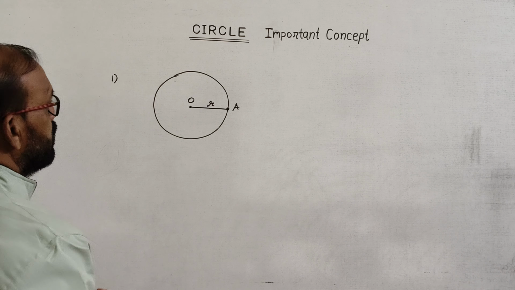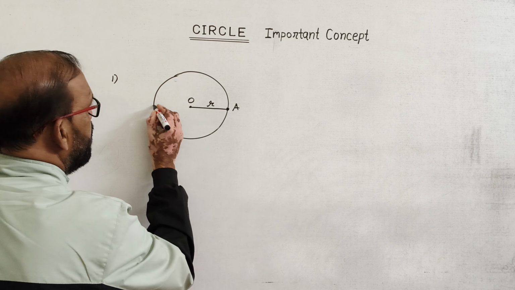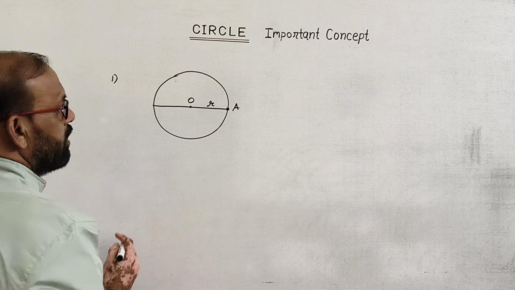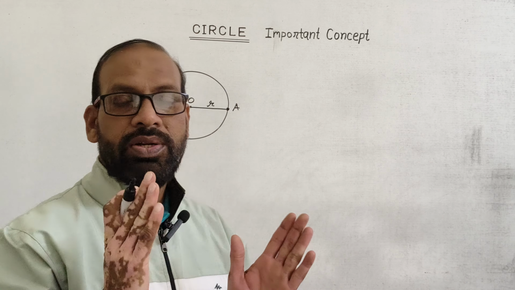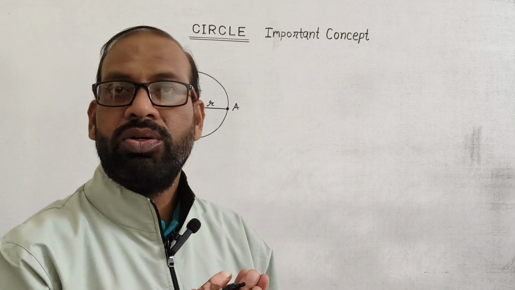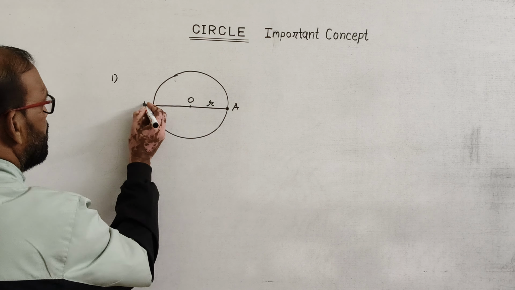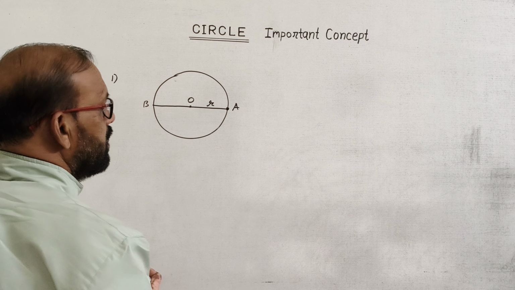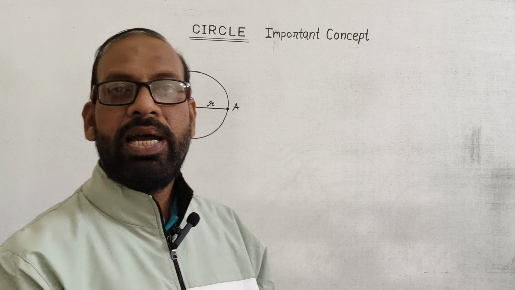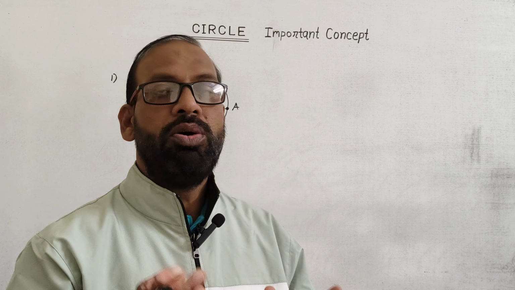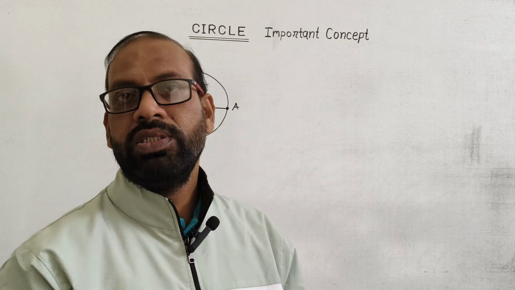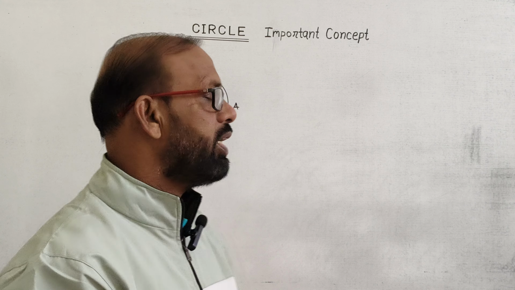Now suppose if we draw two radius like this, and both form a line segment, and this line segment is represented by AB. This is called as a diameter of a circle. So length of the diameter of a circle is always twice or double of its radius.